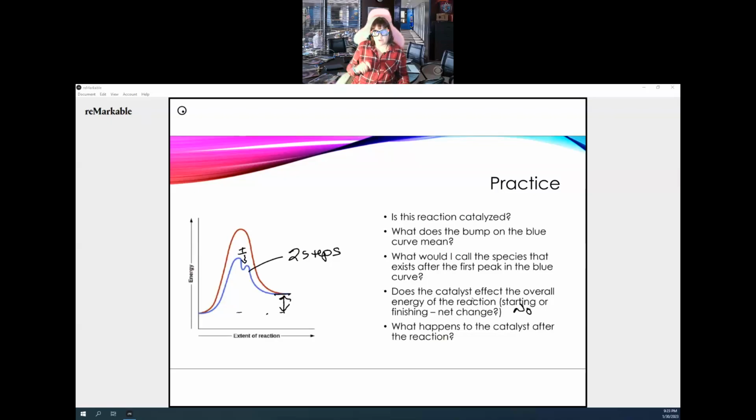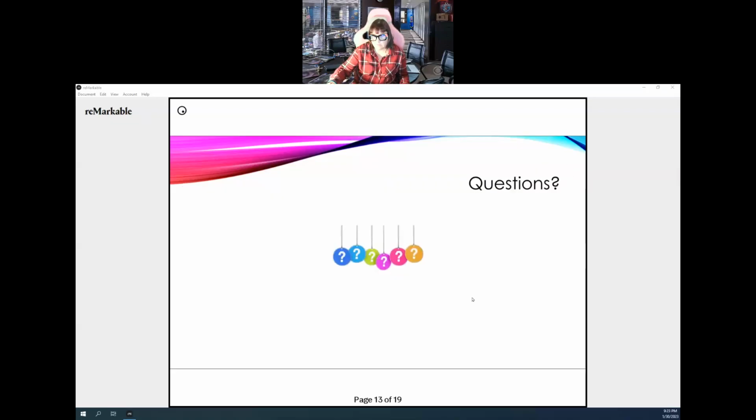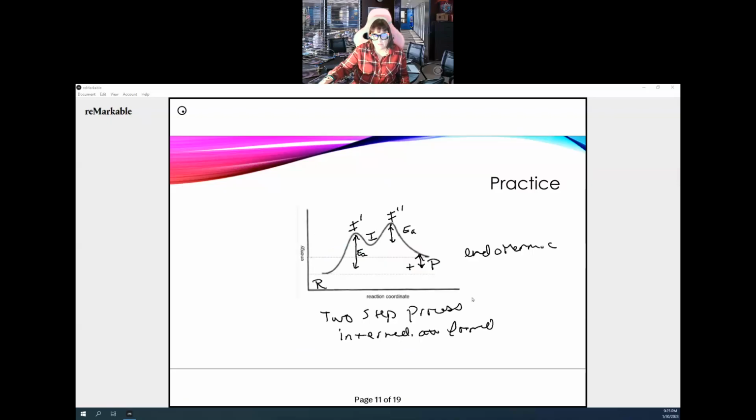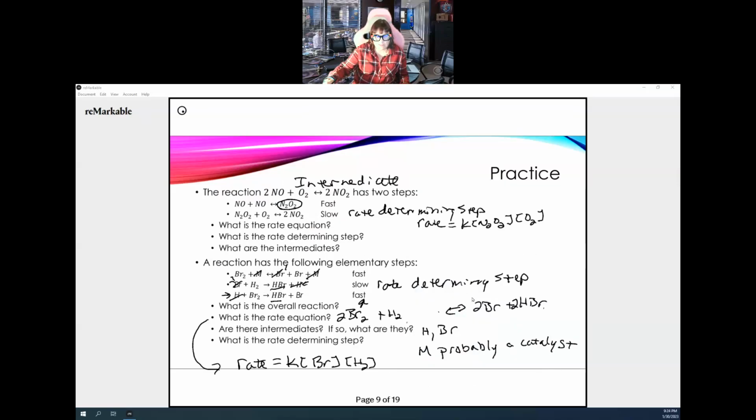What happens to the catalyst after the reaction? We did talk about that, and let me remind you where. Here. So we put it in, we got it back.